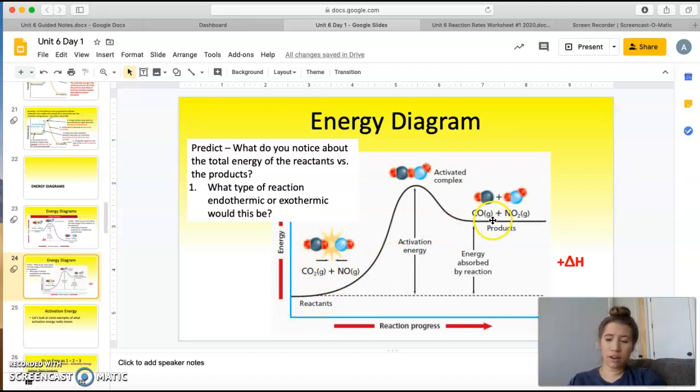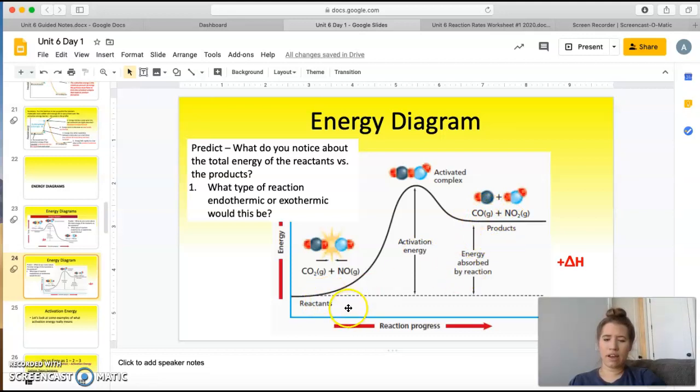Reactants and products. Reactants have lower energy than the products. And this activation energy is a lot higher than before, and our delta, our change in energy, would be positive because we ended with higher than what we started with.